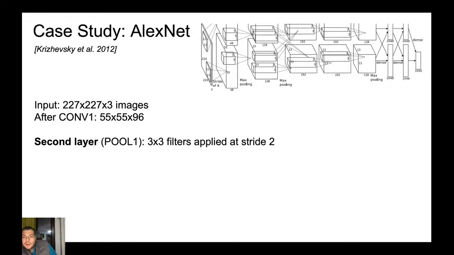Yeah, so we can go on with the pooling layer, which has 3x3 filters that are applied at the stride of 2. So what would be the size of the output volume for this pooling layer? The pooling filters have 3x3 components, the stride is 2, and the input volume is 55 by 55 by 96.